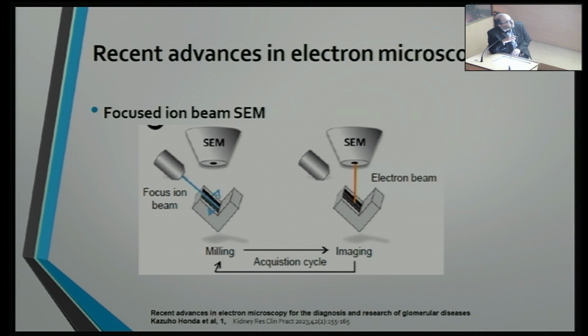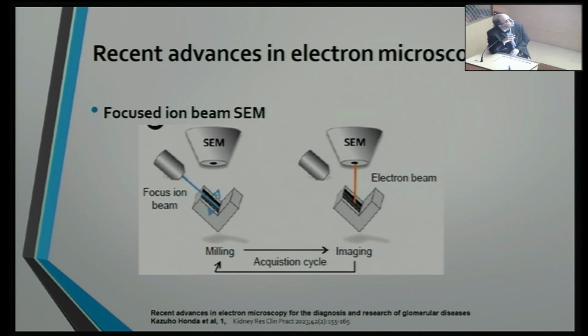So in focused ion beam SEM, instead of the microtome which was used for serial sectioning of the tissue, what is used is the focused ion beam, which burns the uppermost layer of the tissue. So again, first there will be imaging, followed by milling, which will expose the deeper layer, again followed by imaging, and this cycle will continue.